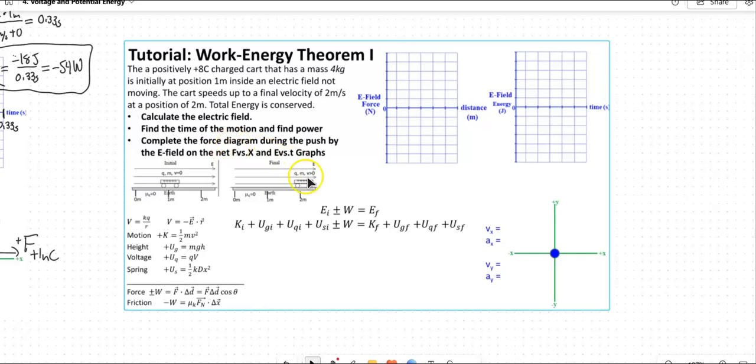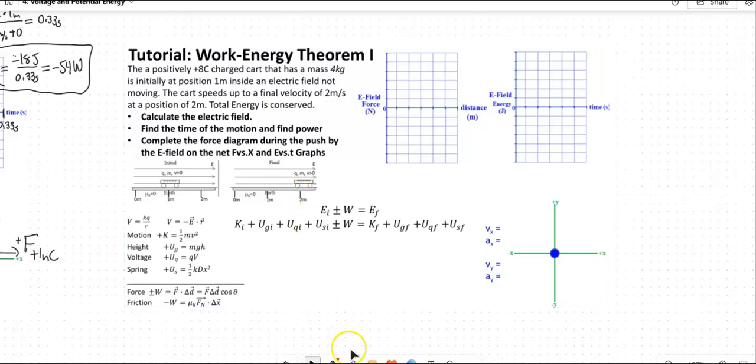Later on, the cart has sped up to 2 meters per second at a position of 2 meters. And they're saying total energy is conserved. We're supposed to calculate the electric field. Okay, well, let's do a force diagram. Since we know energy is conserved, we could probably accurately create this little force diagram.